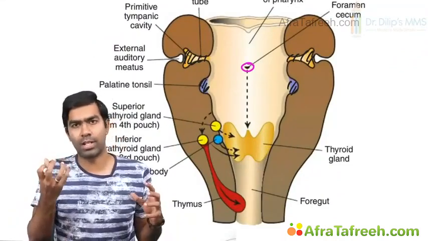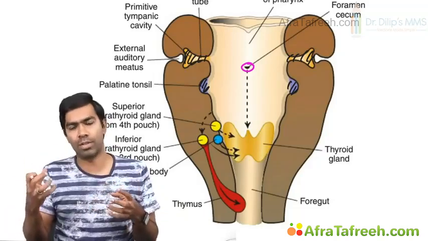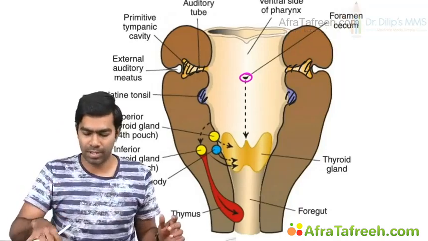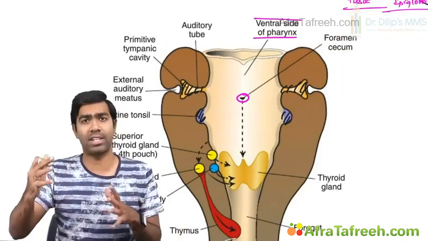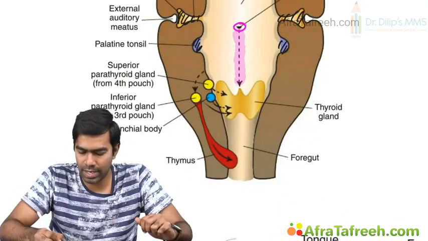That's the opening that is created because of the removal of a chunk of endoderm from that particular area. This is the ventral side of the primitive pharynx. Later on, this area is going to form the tongue as well. You can also see that when the thyroid descends down, it continues to establish communication with the foramen cecum. That is the starting point of the thyroid. That's the embryological evidence from where the thyroid started.